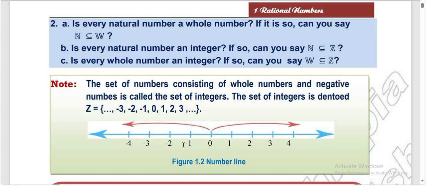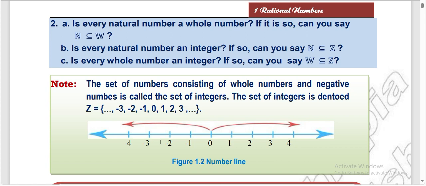From this number line graph, you can easily understand. Starting from 0 to the right of zero is the set of whole numbers, plus the left of 0, which is negative integers. So this line shows that the set of integer numbers is the combination of negative integers, 0 and positive integers.